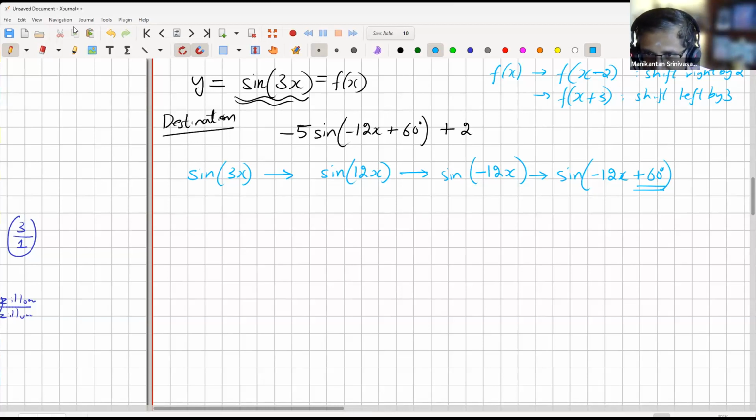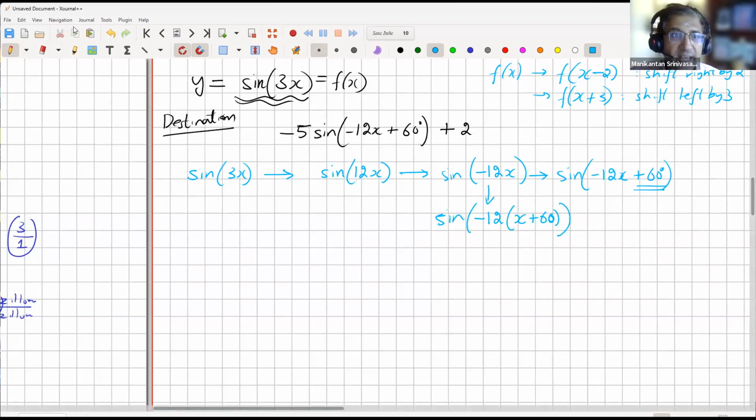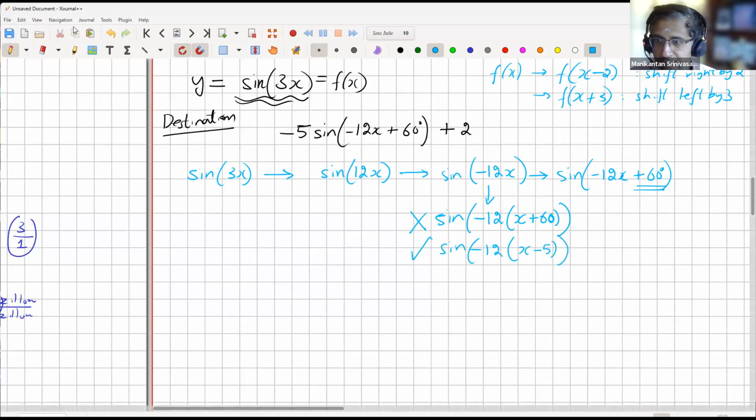No. If we did replace every x with x plus 60, that would be 12 times x plus 60, which is shifting left by 60, clearly not what we want. What we do want is, we can work backward, sine of minus 12x plus 60, which is got by replacing x with x minus 5.